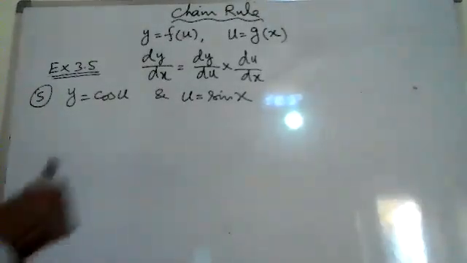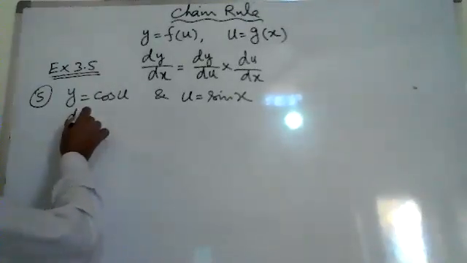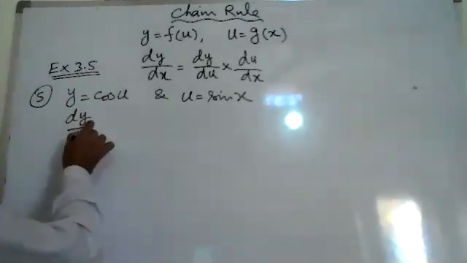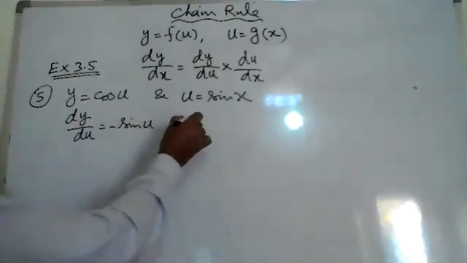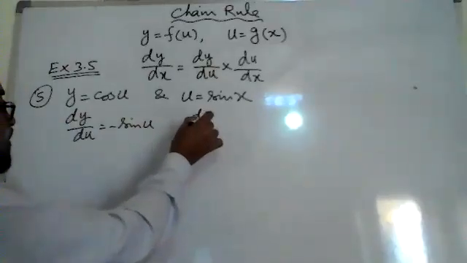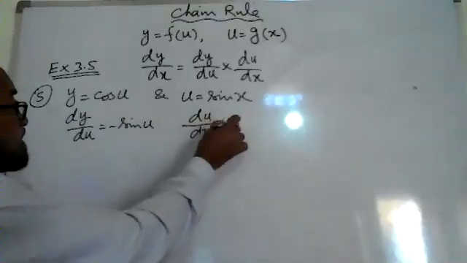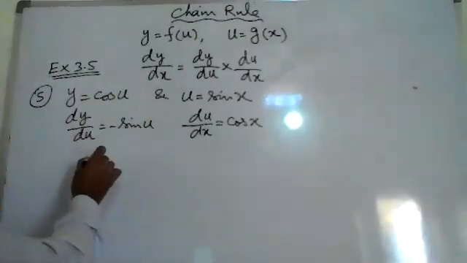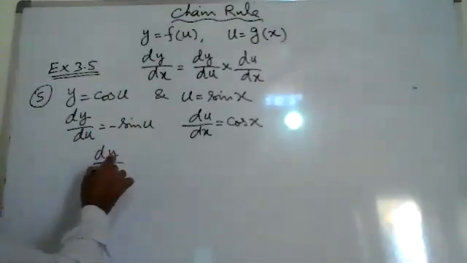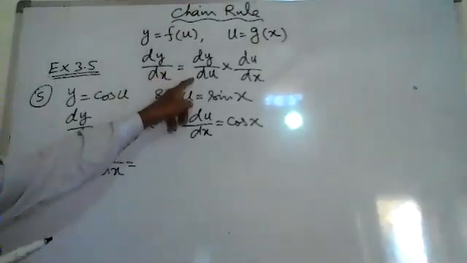Y is equal to cos u. So dy upon du is minus sin u, and du upon dx is equal to cos x. We will use the chain rule to find dy upon dx, which is equal to dy upon du.